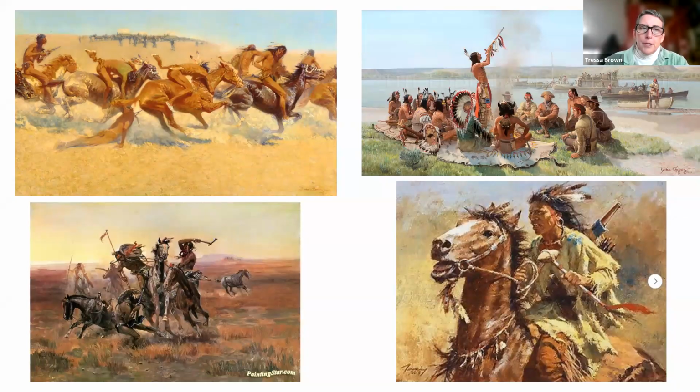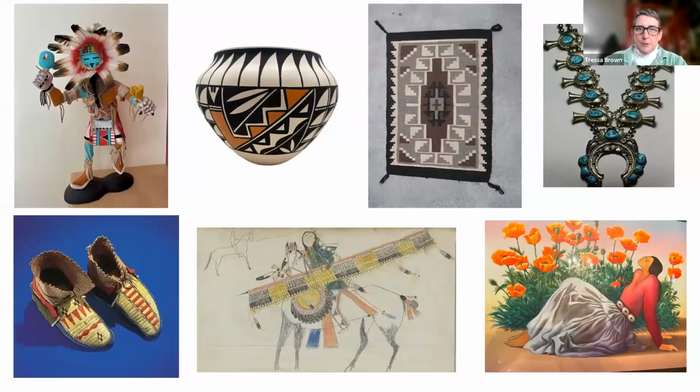But the other things that come up are the clothing, the decorative elements on the clothing, Kachina dolls, pottery, Navajo rugs, jewelry, and R.C. Gorman typically pops up because he's very commercialized at this point.